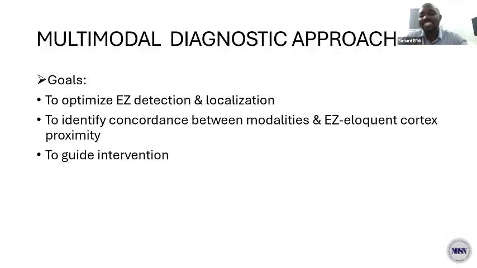And the goals of multimodal imaging include to optimize detection of the epileptogenic zone and localize it, and then to identify concordance between the various imaging modalities, as well as, of course, to determine its spatial relationship to the eloquent cortex in order to know whether to proceed for surgery or not. And then it is also important to guide therapeutic intervention.